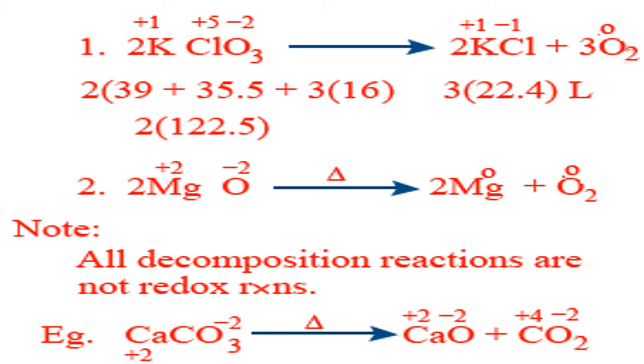It is a decomposition, but it is not a redox. Because not even a single atom is showing a change in the oxidation number in this reaction, decomposition of calcium carbonate is not a redox reaction. It is a decomposition. So not all decomposition reactions are redox. For a redox reaction, the main criterion is change in the ON.